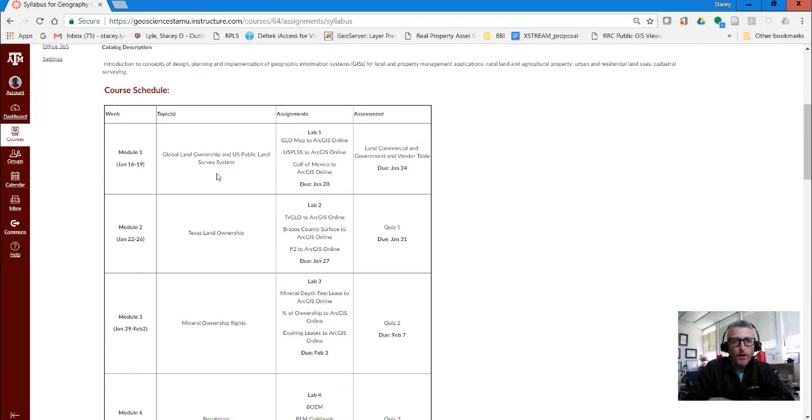So in here, we're going to start first with global land ownership and the U.S. public land survey systems. So we're going to see how land is owned globally in different countries, and then also look at specifically how it's held in the United States.